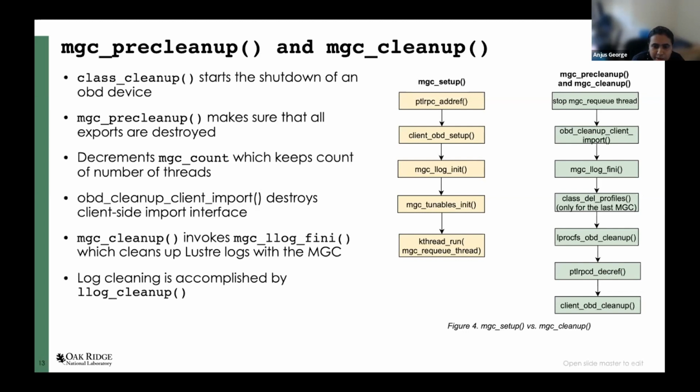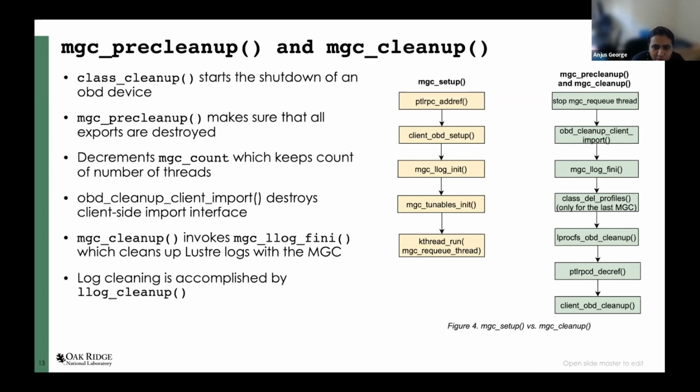MGC pre-cleanup first decrements the MGC count that was incremented during the MGC setup. So the MGC count keeps track of the count of the running MGC threads and makes sure not to shut down any threads prematurely. Next, it waits for any requeue thread to get completed and calls the OBD client import function.